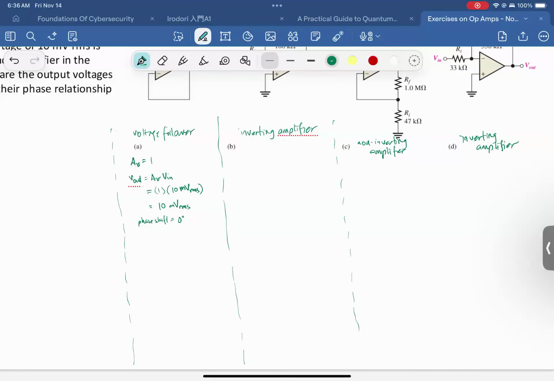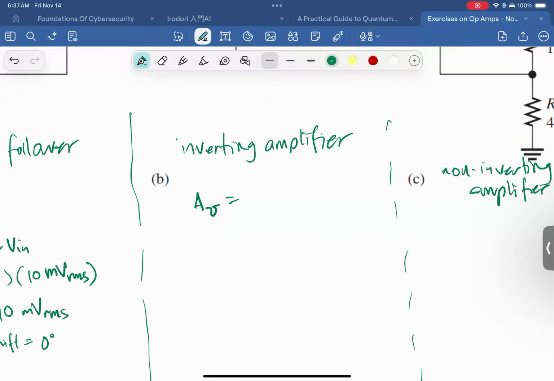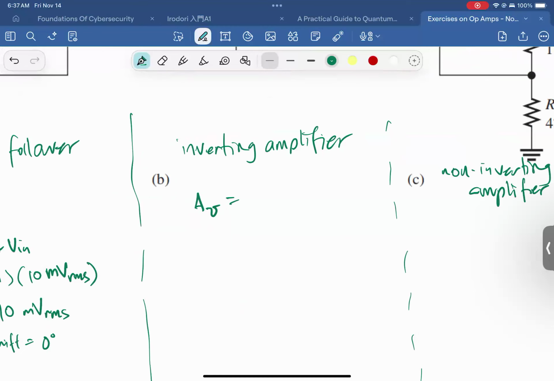And naalala nyo ba kung ano yung equation ng gain for the inverting amplifier? So ang equation ng gain for the inverting amplifier ay equals a negative RF, yung feedback resistance divided by yung input resistance.